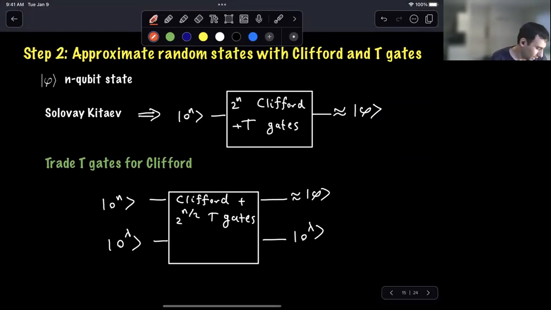So if I have some arbitrary n-qubit state phi, using just the basic Solovay-Kitaev theorem, we can show that there exist some circuits consisting of order 2 to the n Clifford and T-gates that approximate your states with very good approximation.